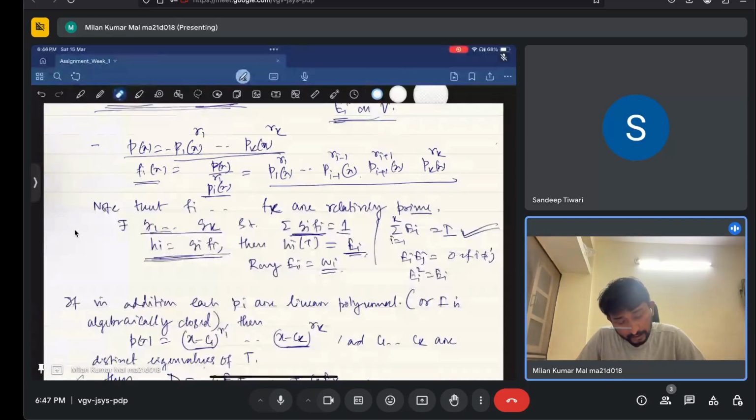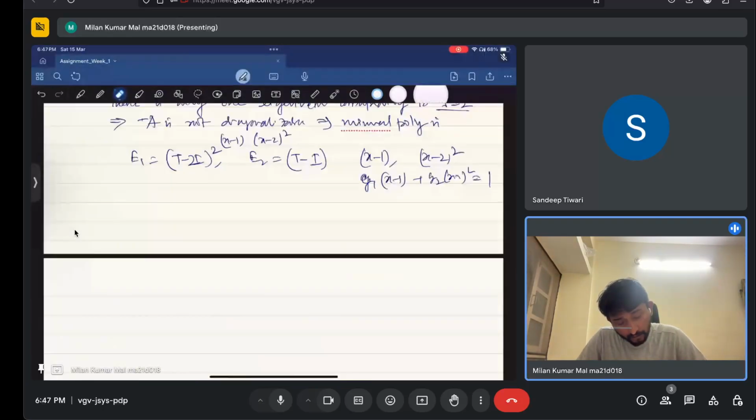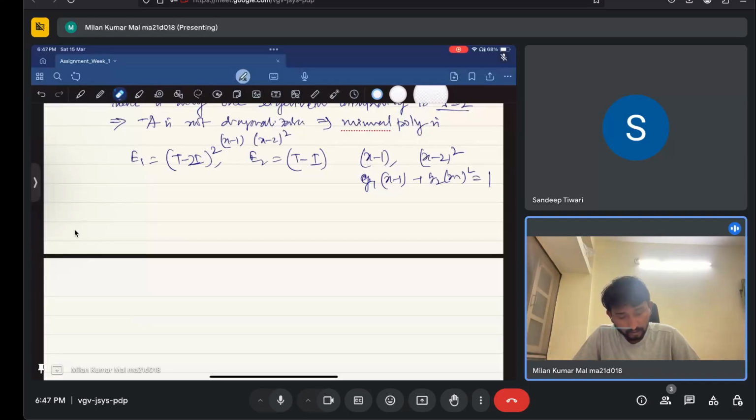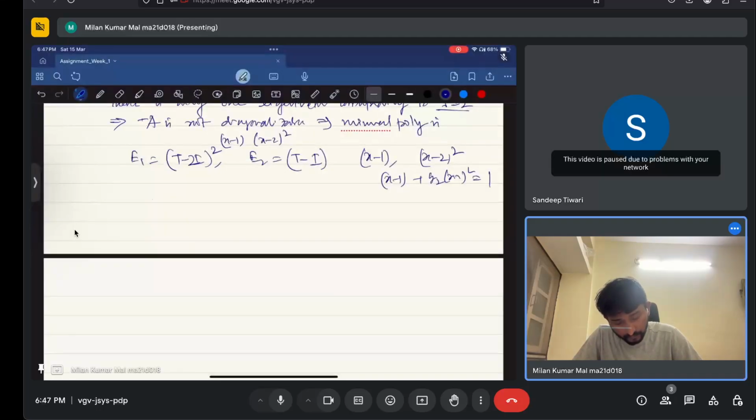For example, if I write it as a single-order polynomial, there is a way, but I just don't want to go that way. Let's take g1(x), we have to compare coefficients, that is what we have left. So we will have g1 into x minus g1, plus g2 into x squared minus 4x plus 4, is equal to 1.